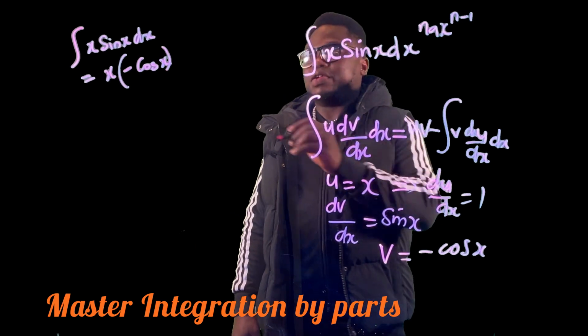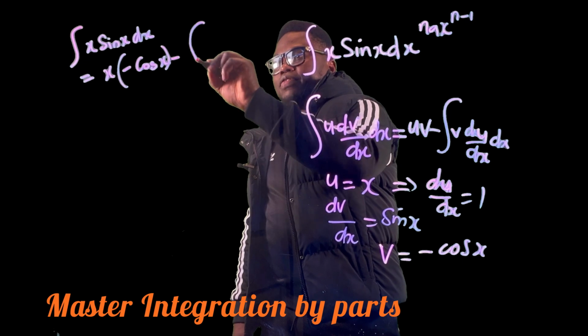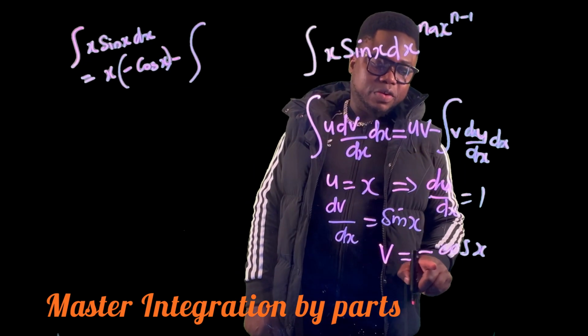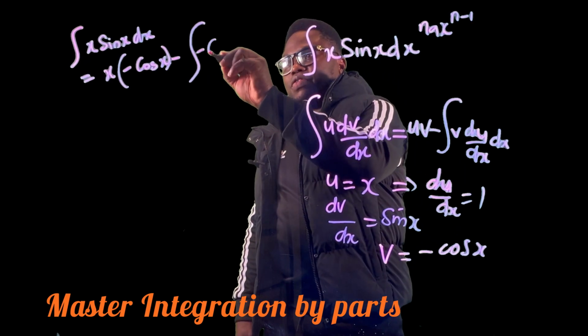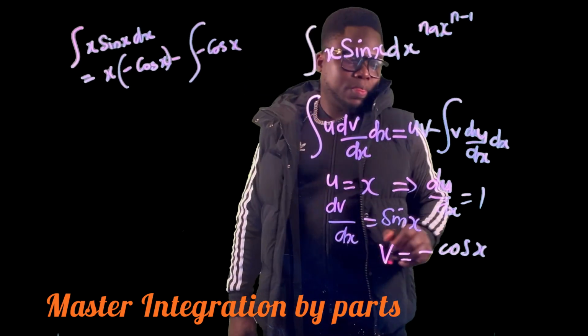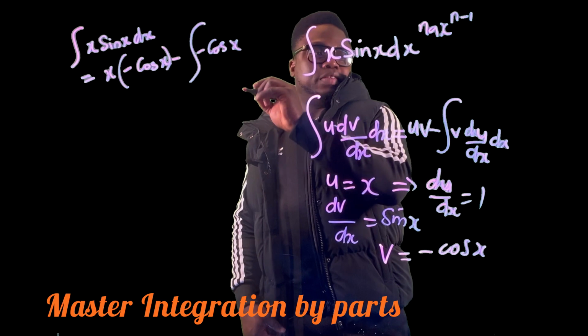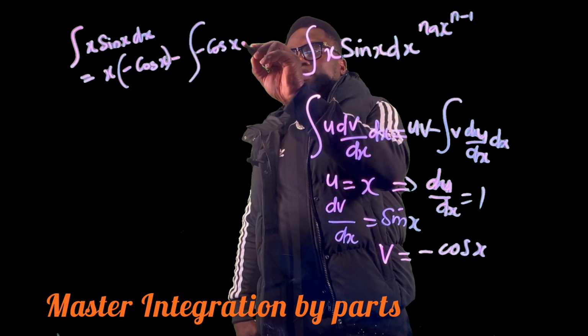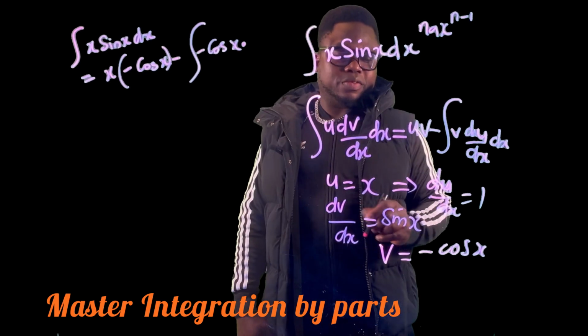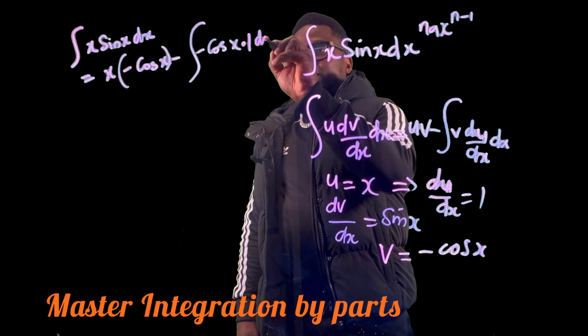Remember there is a minus sign here, I'm going to put it, then integral, then v, what is v? Minus cos x, then du over dx is 1, so I'm going to write times 1 dx.